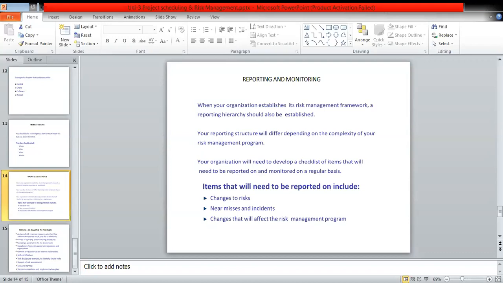So, changes that will affect the risk management program. Yes. So risk is important, and whatever the changes, whatever the program, whatever the risks we have taken, you should consider what it affects, because if you fulfill the work on time, that means you are a very good person to complete the work.